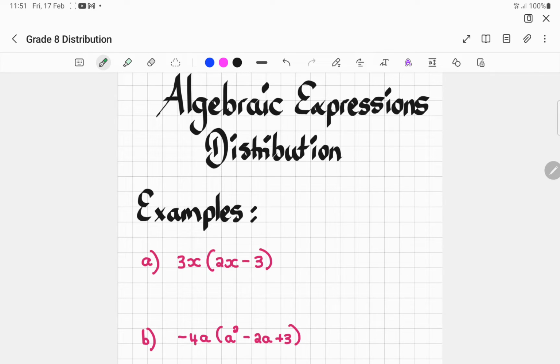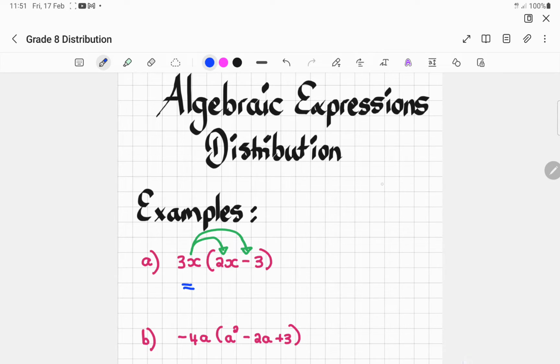So what we're going to do is this 3x on the outside needs to multiply with 2x and a negative 3. So just by the show of arrows, I'm first going to multiply the 3x with the 2x, and then the 3x also has to multiply with not just 3, but a negative 3. So let's look at what our answers will be. Let's do it nice and blue.